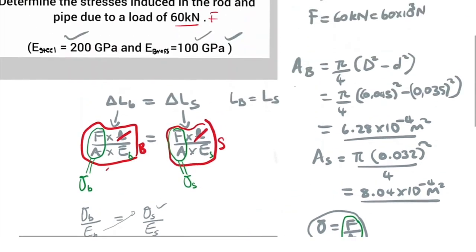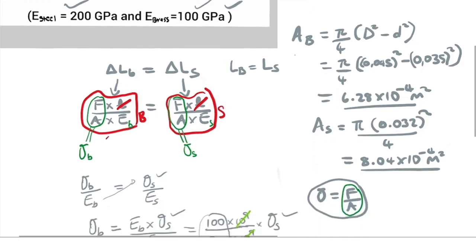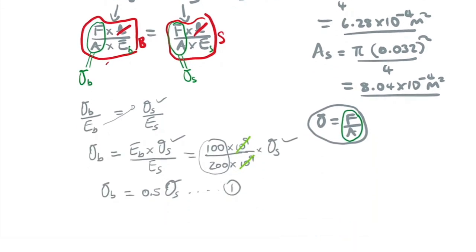The force here is a total force. To get this total force, you add the force for the brass and the force for the steel. Because the total force here is 60 times 10 to exponent 3, it is equal to the force for the brass plus the force for the steel.